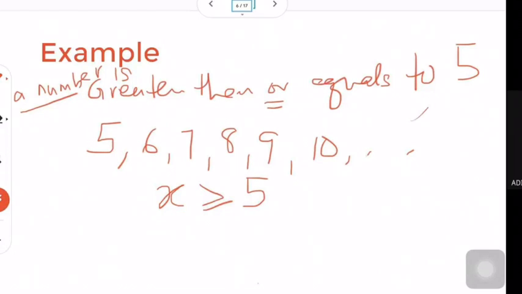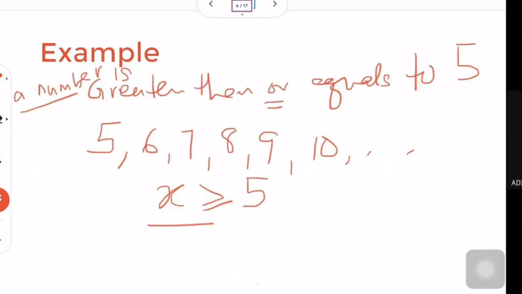So we don't know what the number is. But that number can be more than 5 and it can also be equals to 5. So this is how you write the inequality. The number is greater than or equals to 5.